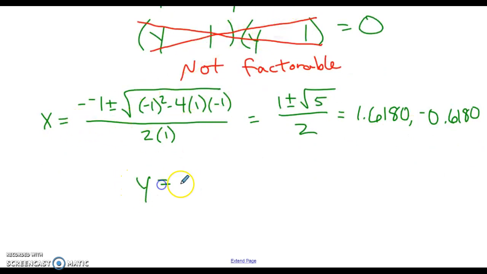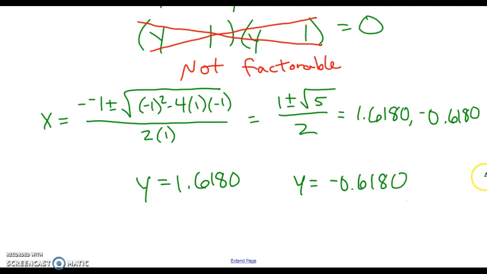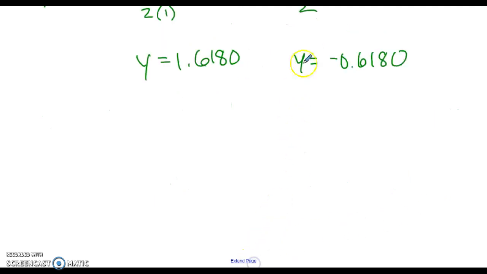So y equals 1.6180 is one of my answers, and y equals negative 0.6180 is another one of my answers. However, I still am trying to solve for x, which means I need to plug my trig function back in for y, and I get the following.